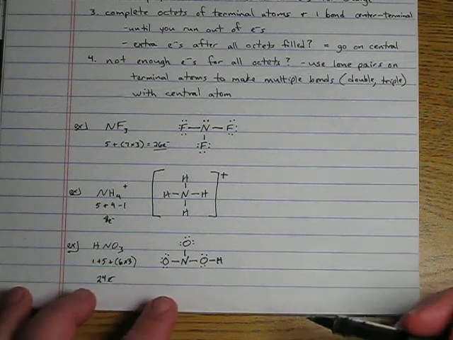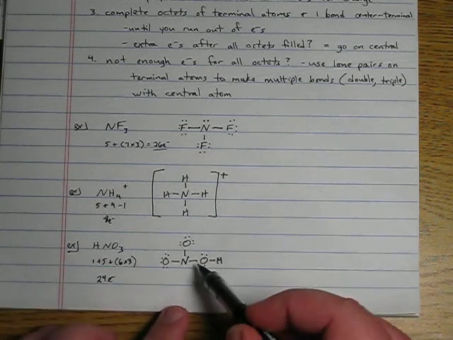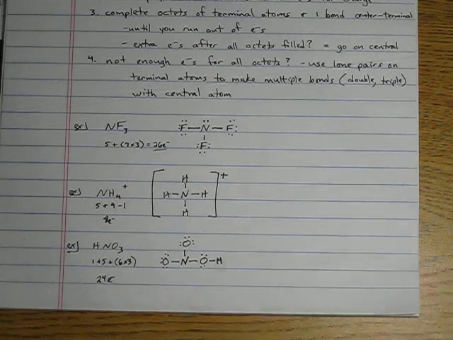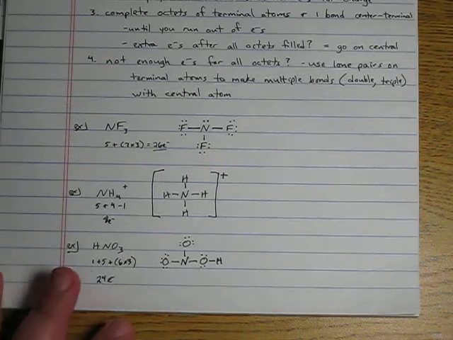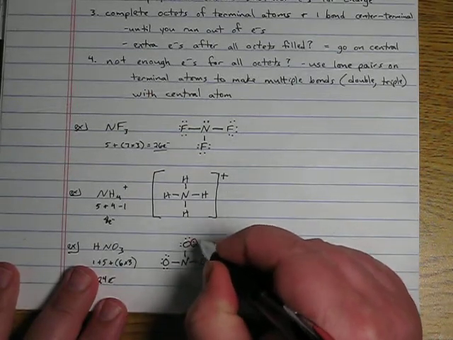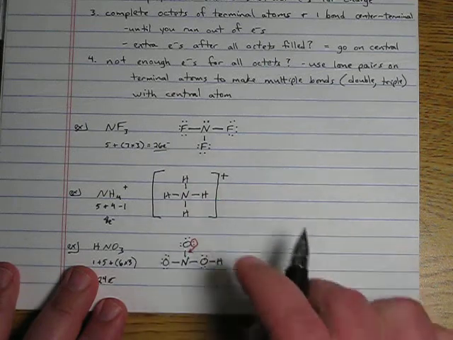Coming up in the next video, we are going to see that we do not use the oxygen that has the hydrogen on it. Why? You can't handle it yet. We'll worry about that next video. But what we're going to do is take 2 of these electrons from one of these oxygens and make a double bond there.